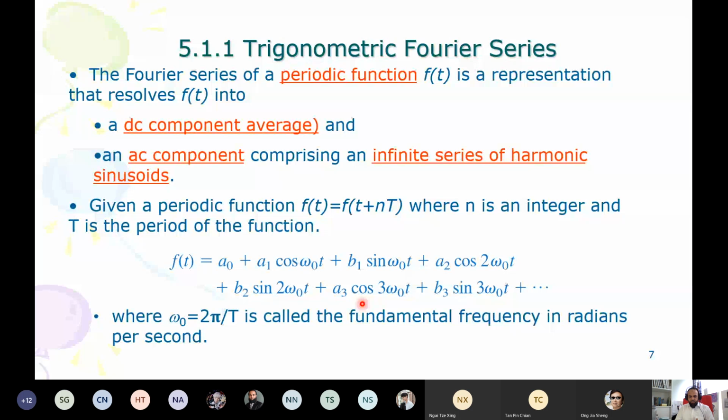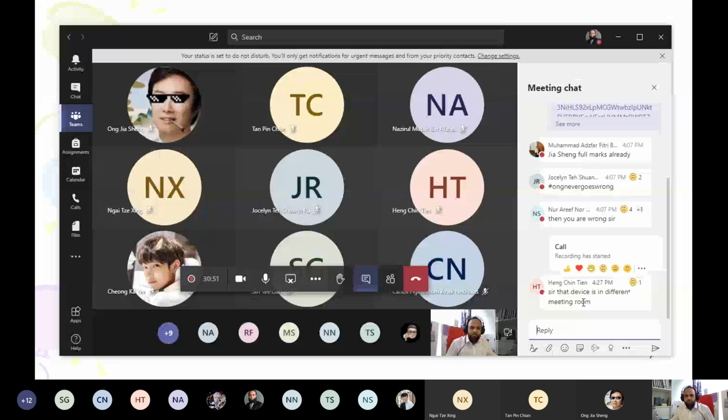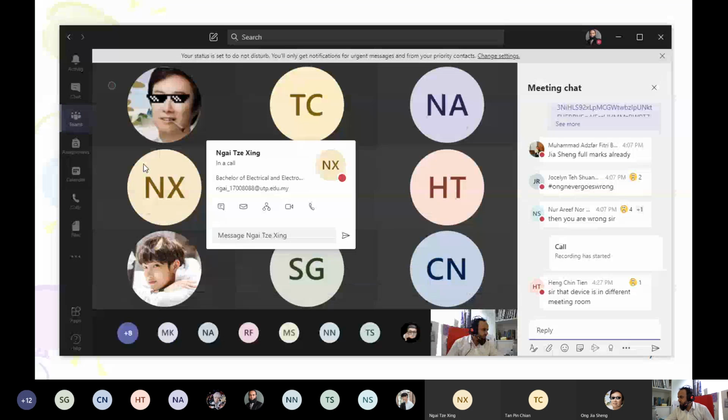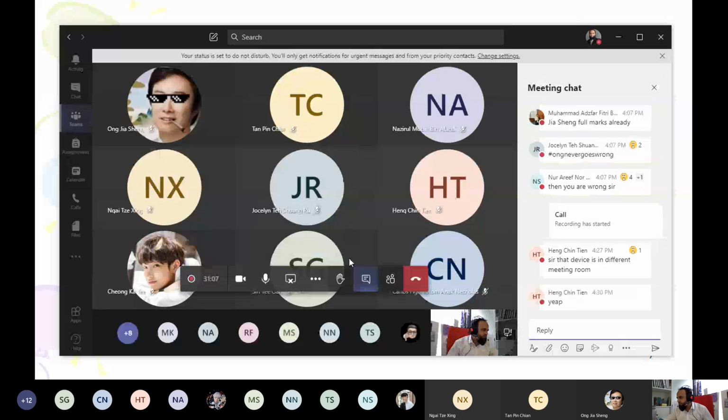I need to see the messages. If you guys are messaging me, I don't know. I'm not able to see the messages on Teams. Oh, really? Why is that? You mean my other device is in a different meeting room? Okay, let me join again. It's the same meeting room.